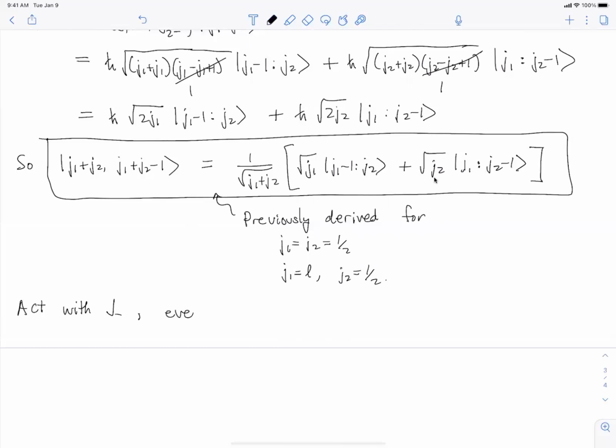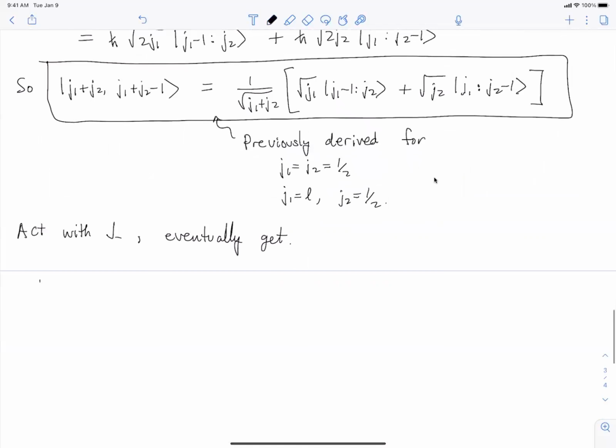You eventually get to the state |J1+J2, -(J1+J2)>.